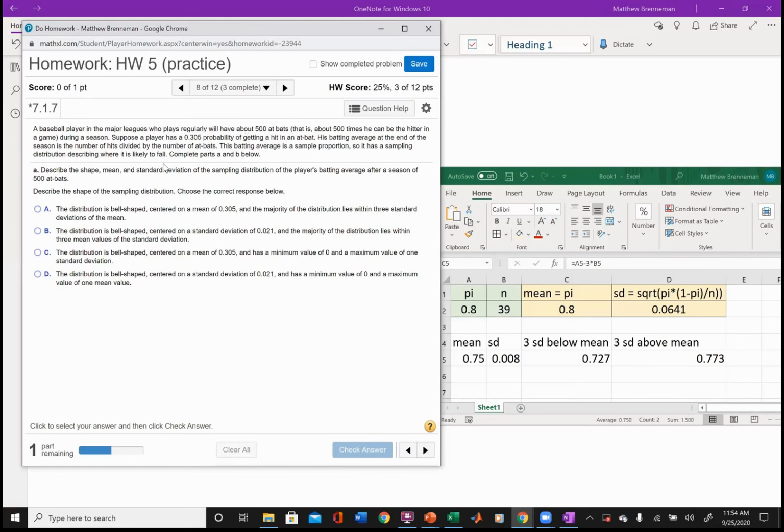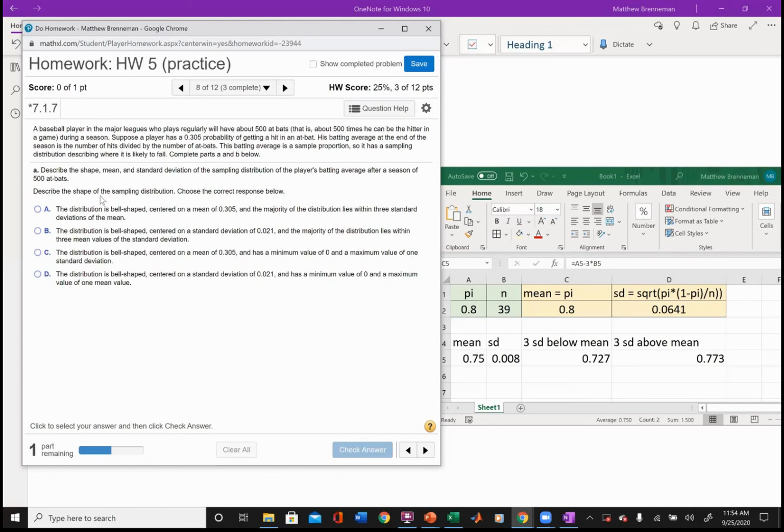It's a sample proportion. So what they want to know is, in a season, if he bats 500 times and his real batting average is .305, what are the possible batting averages that he could actually get in a season? Well, this is a sampling distribution.